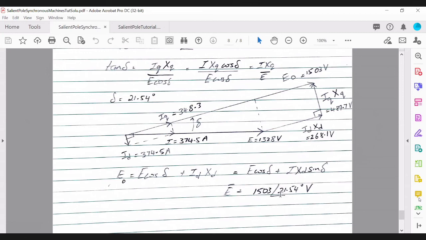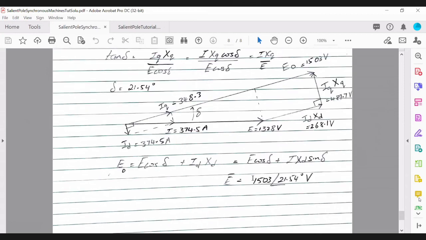Okay, so that's how you determine the induced voltage, and also you can draw the full phasor diagram, determining the two currents ID and IQ, and also the two drops across the reactances, which are IDXT and IQXQ. Okay, and then you insert all the values and also all the angles.